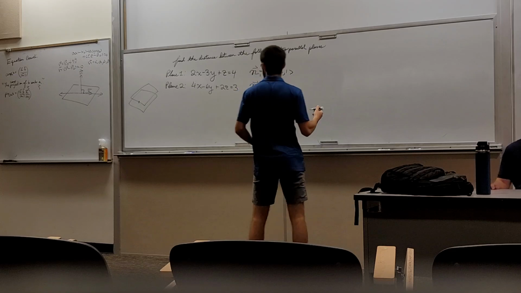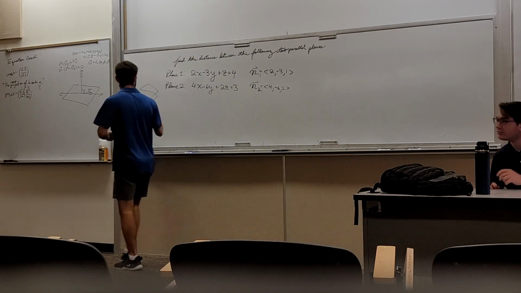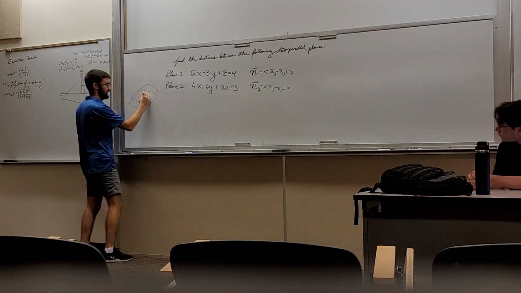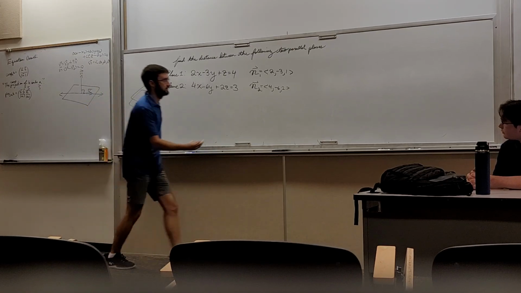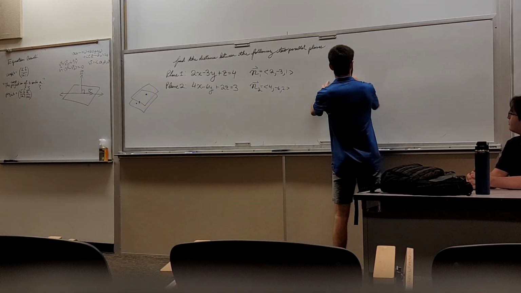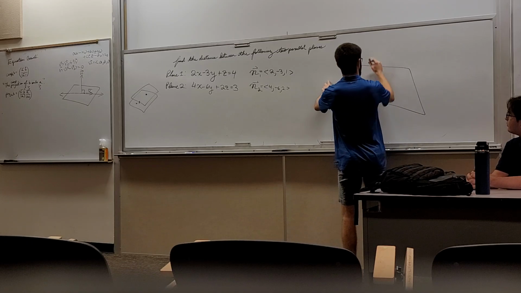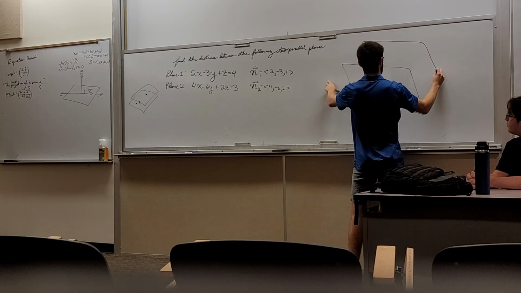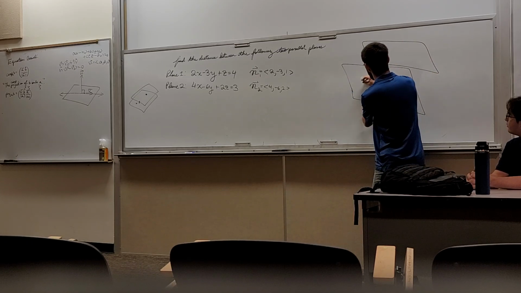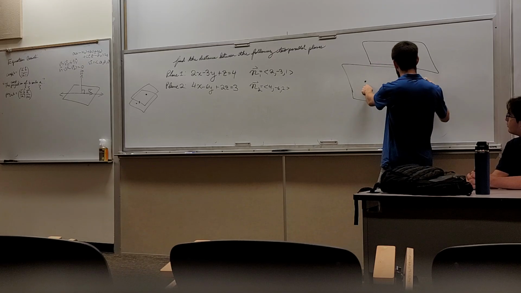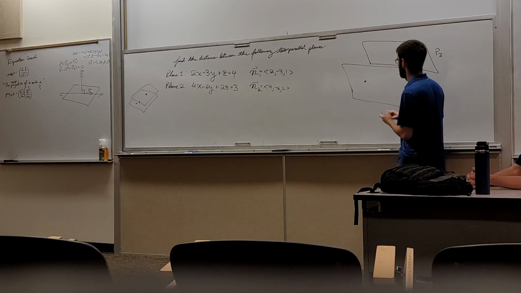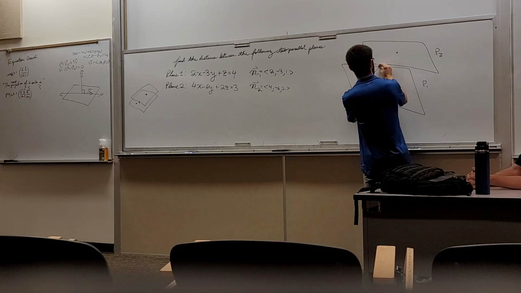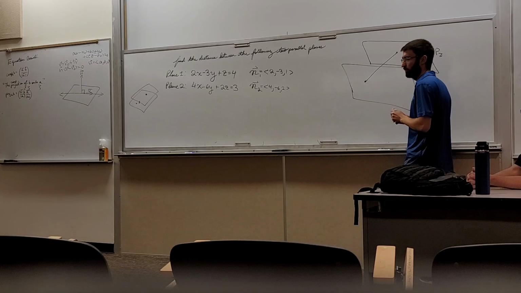So what we're going to do is find a point on one plane and a point on another. I'm going to find an arbitrary point on the first plane, then an arbitrary point on the second plane. Then I'm going to take the displacement vector between those 2 points.